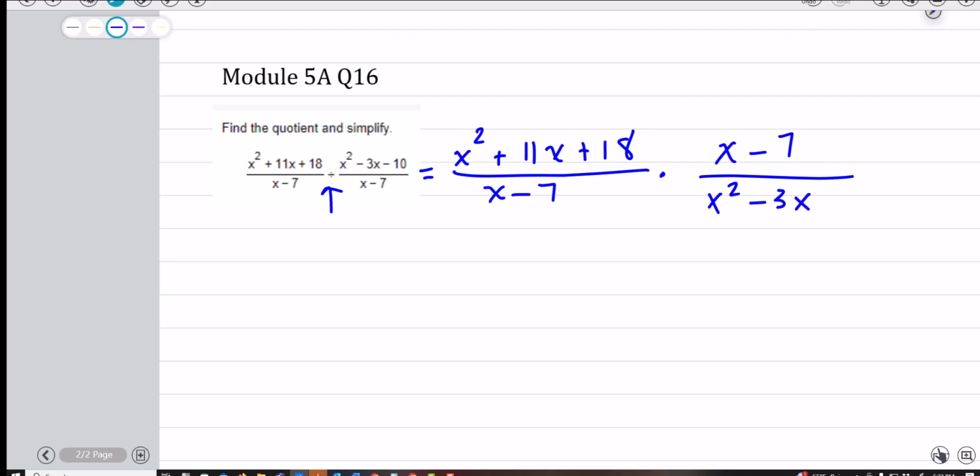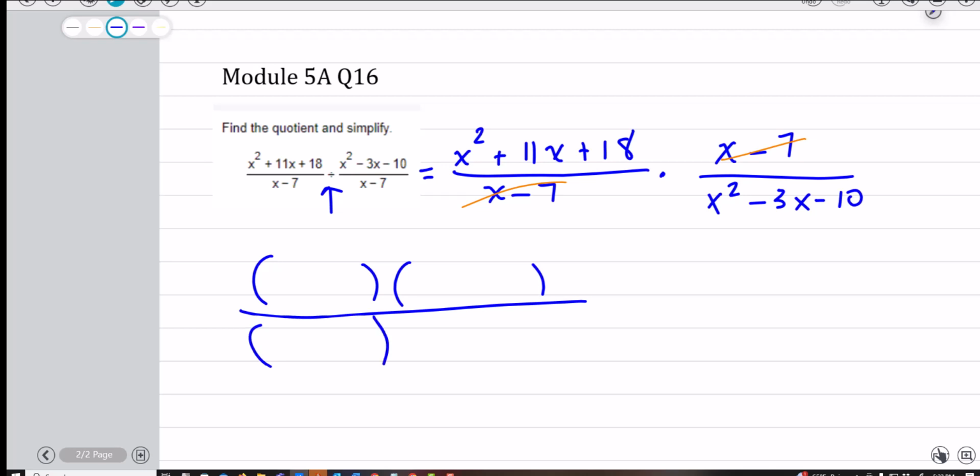Minus 3x minus 10. So nicely that cancels. Now it's time to factor. So I'm just going to write this over this piece, because remember, when it cancels, it doesn't just go away, it becomes like 1. And so now, since this is being multiplied, I can move that over there.